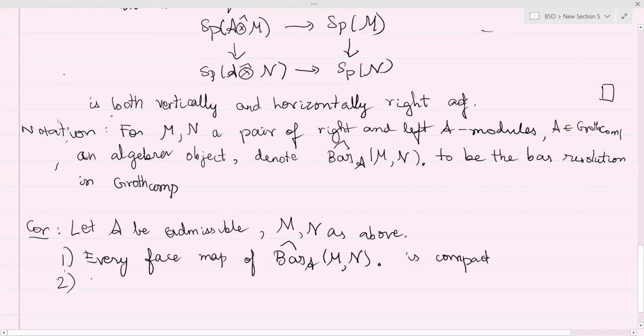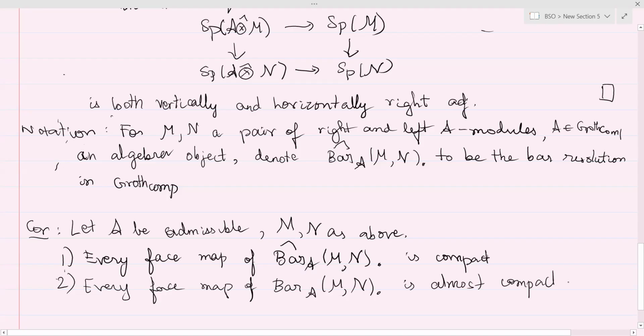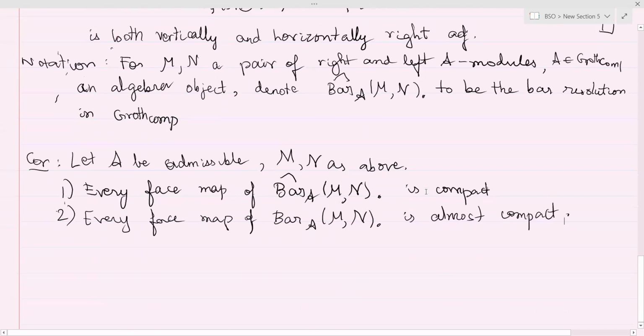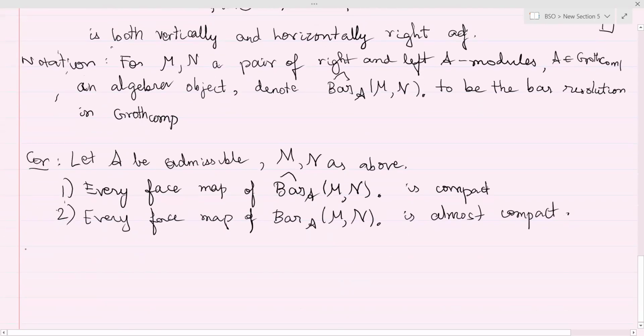And the second thing is every face map of the non-completed one is almost compact. The proof is really just a couple of lines.